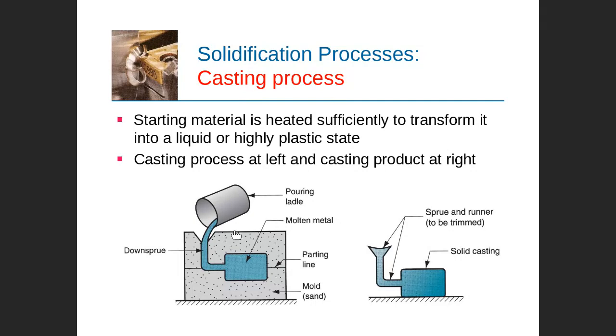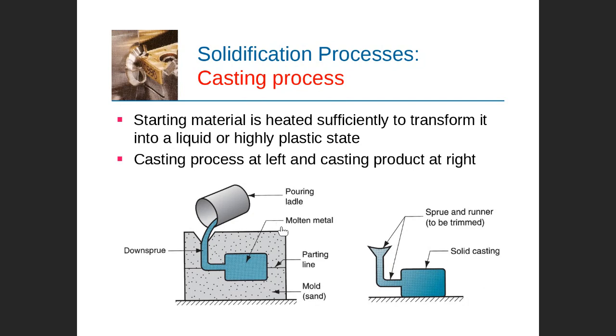In solidification, we put the material in liquid form. Liquid form means we melt the material. We bring the raw material, put it in a furnace, and melt it, so the raw material here is liquid. And we pour this raw material into a cavity made in the mold.